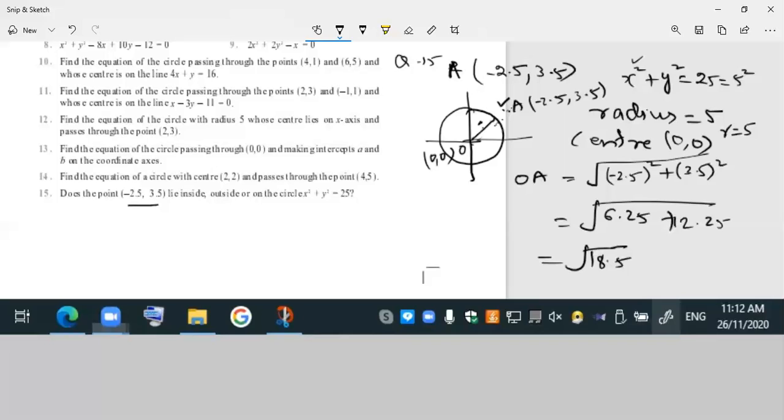So we have to find the root of 18.5. The root is coming to 4.3, which is less than 5.